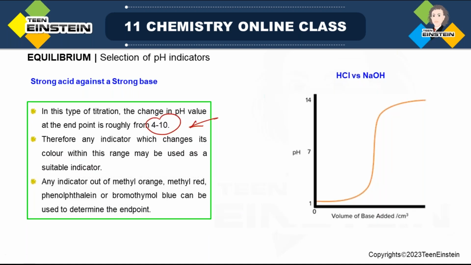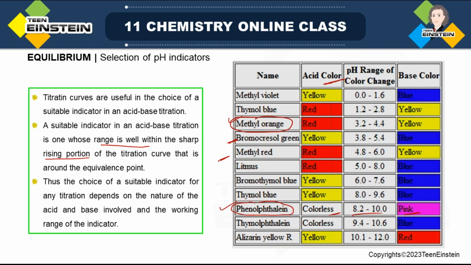So any indicator out of methyl orange, methyl red, phenolphthalein, bromothymol blue. So just have a look. Methyl orange you can take because it is within this range 4 to 10. Then methyl red also you can take, it is also within 4 to 10. You can take bromothymol blue, this is also within 4 to 10. Phenolphthalein, that is also 4 to 10.